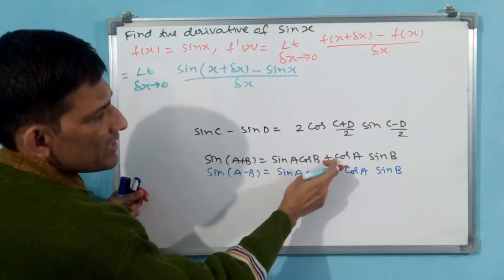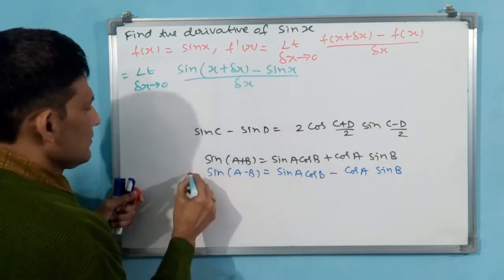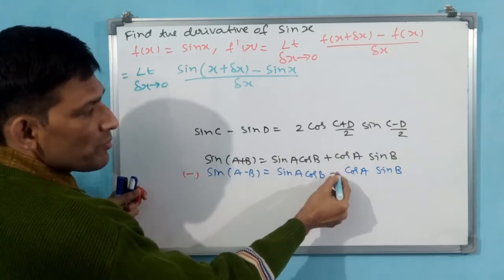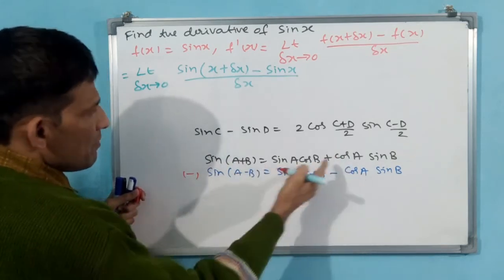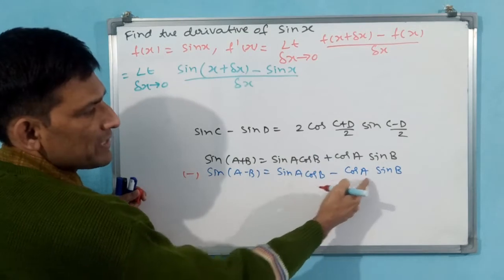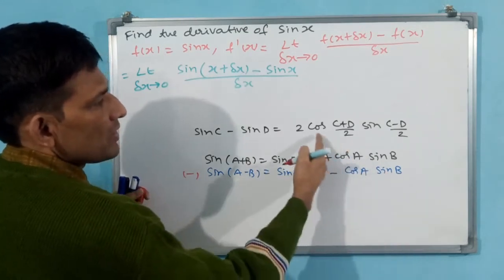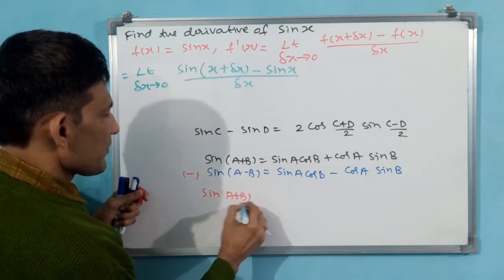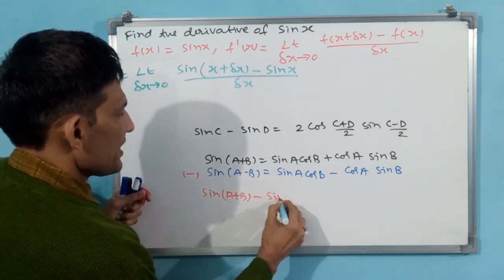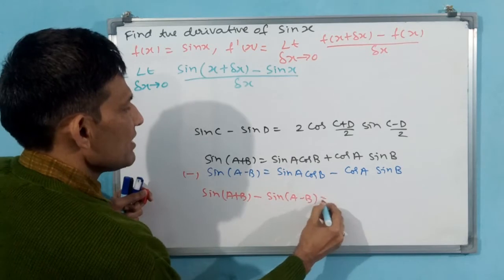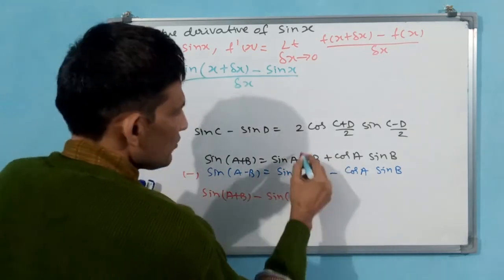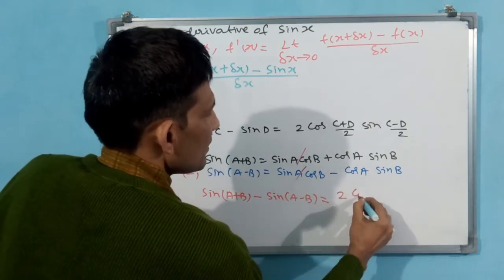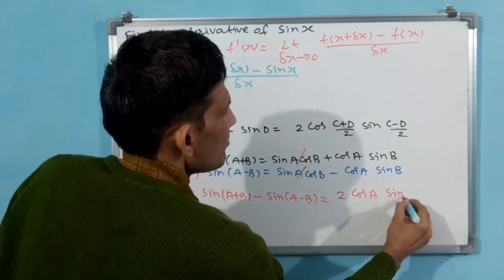If you subtract, this is going to become minus, minus of minus becomes plus, and 2 cos a sin b is going to remain. You see, sin a plus b minus sin a minus b is the LHS. On the RHS, these two are going to get cancelled, leaving 2 cos a sin b.